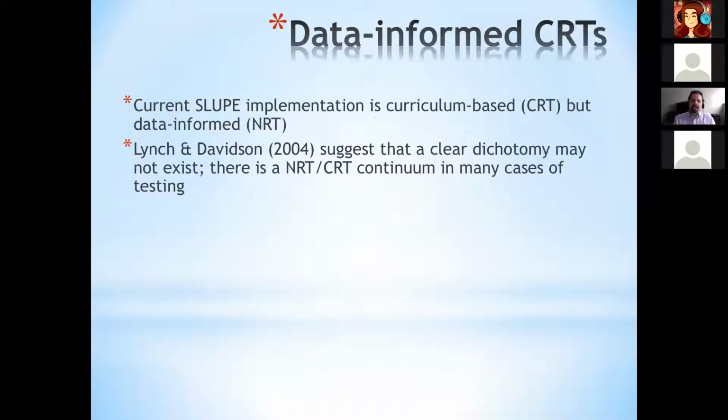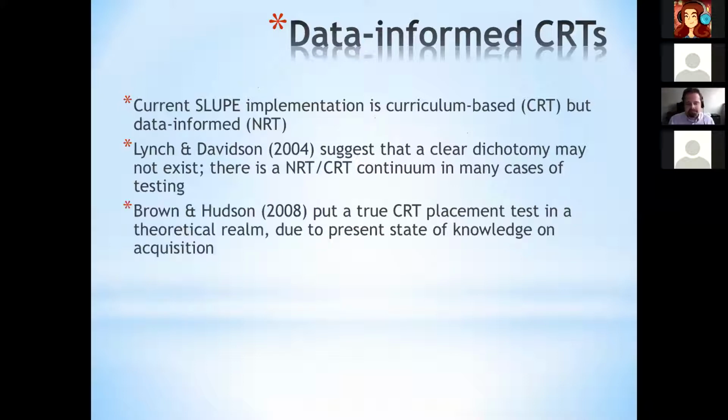So we ended up with a hybrid model, which is a data-informed CRT. So it's curriculum-based, but data-informed. And Lynch and Davidson have suggested in the past that a clear dichotomy between NRTs and CRTs may not even exist. So maybe most tests fall between a CRT and NRT.